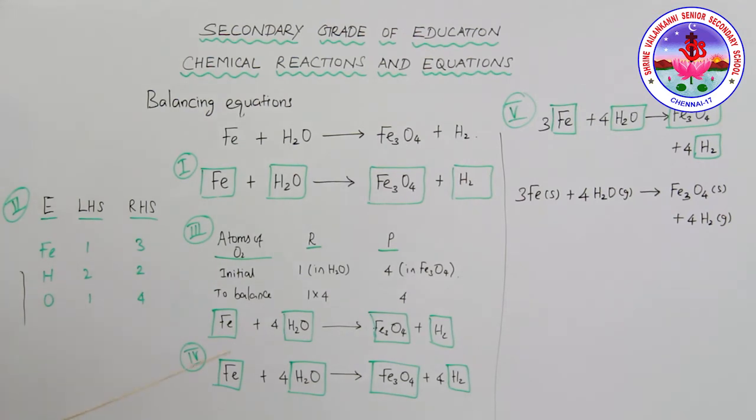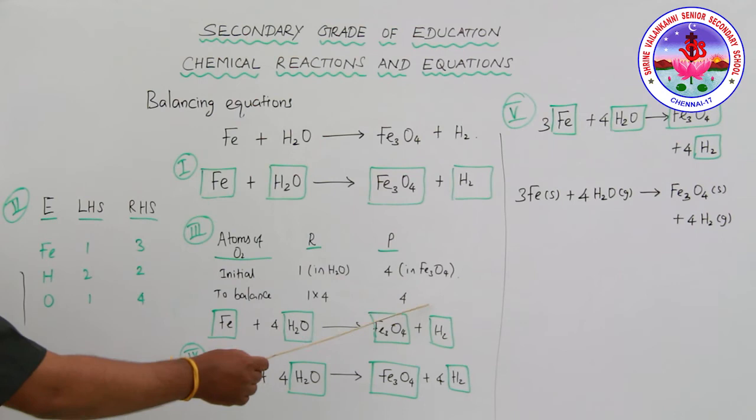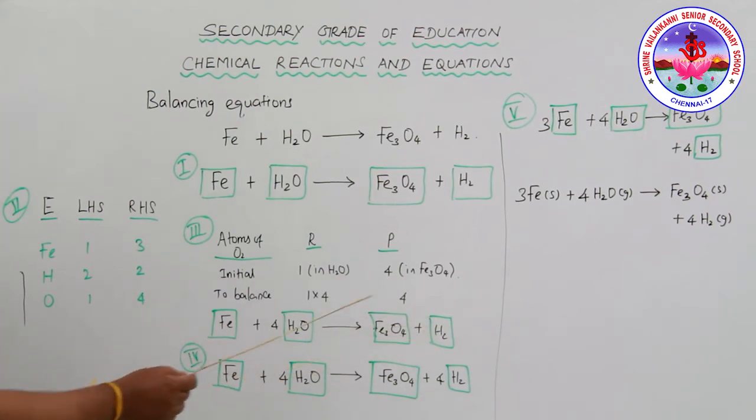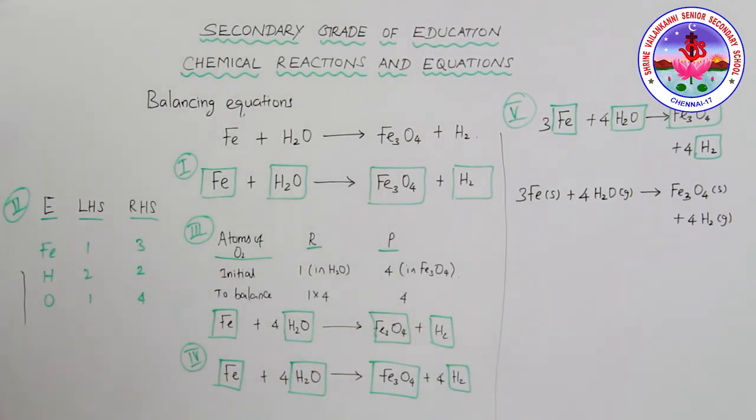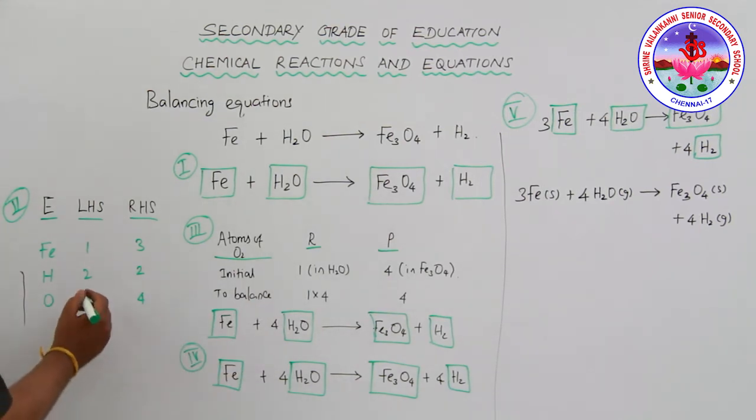Then next is step 4. Then iron and hydrogen atoms are still not balanced, because there are 8 hydrogen in the left hand side. In the right hand side, only 2 hydrogens are present. So you have to balance the hydrogen atoms also. First we balanced the oxygen, so left hand side 4, the right hand side also 4.